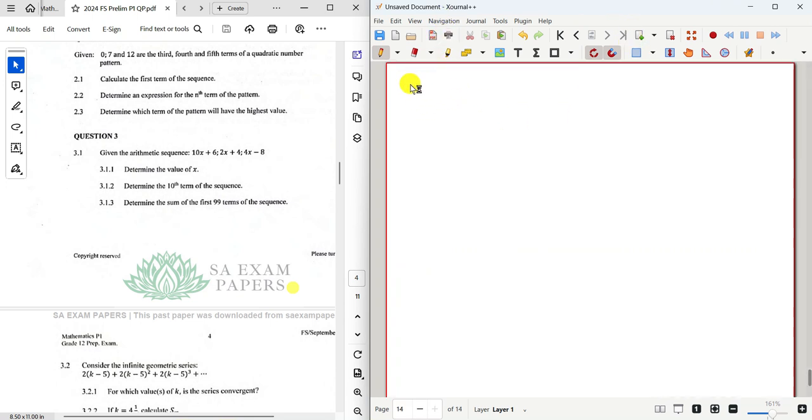Question 3. 3.1. Given the arithmetic sequence 10x plus 6, 2x plus 4, and 4x minus 8, 3.1.1, determine the value of x. We say T2 minus T1 equals T3 minus T2 because this is the common difference, right?